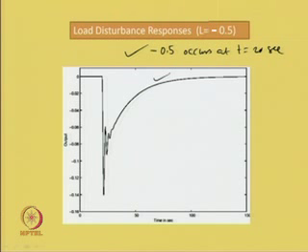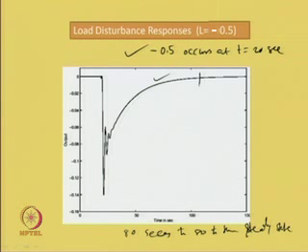As is evident from the response, we have got a very sluggish response, because the settling time, the disturbance occurs here and it takes almost more than 100 seconds to go to the steady state.